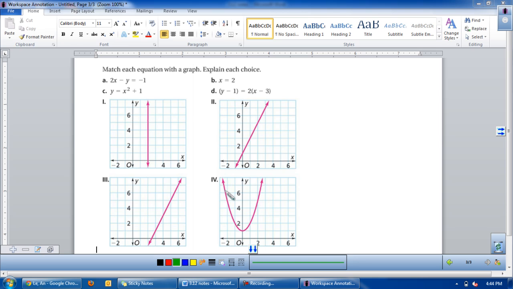And we say that an equation where x is raised to the second power will give us a shape of parabola. Looking at the four equations, the only equation that has x to the second power is C. So right away we can say that Roman numeral 4 matches up with this equation. See how easy that is?